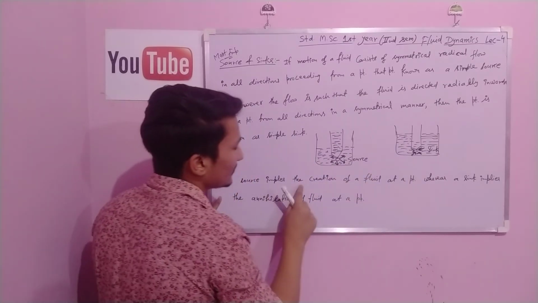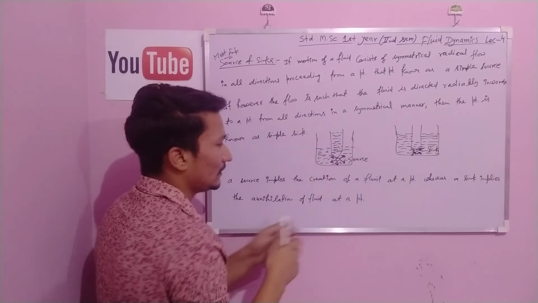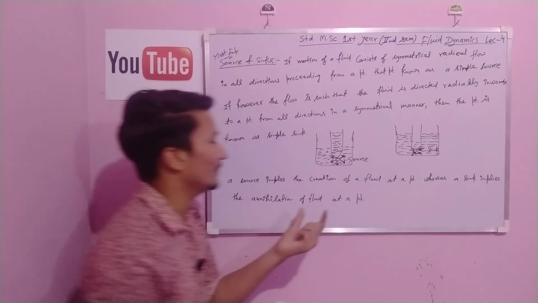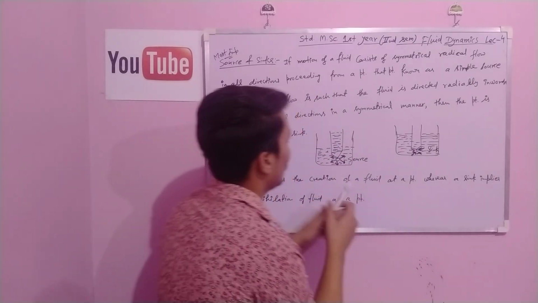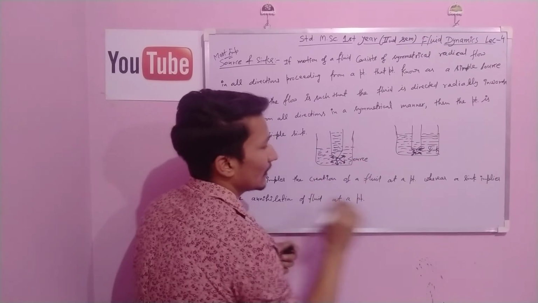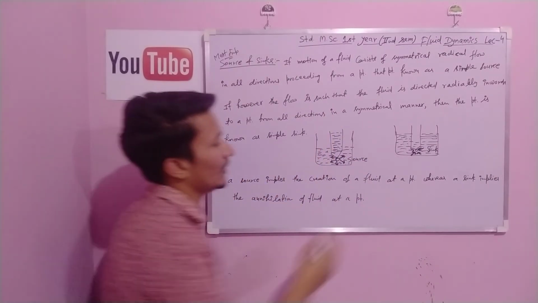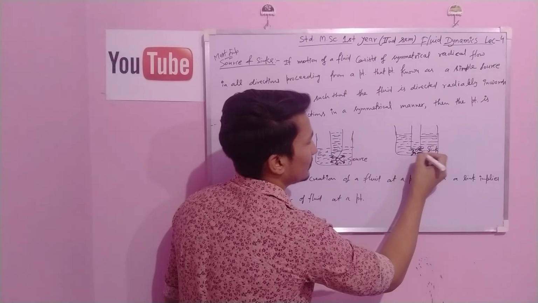A source implies the creation of fluid at a point, whereas a sink implies the annihilation of fluid at a point.